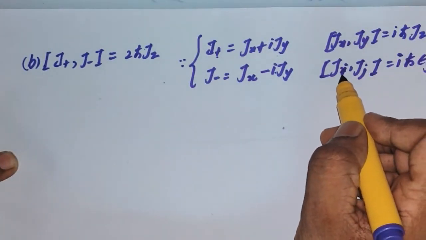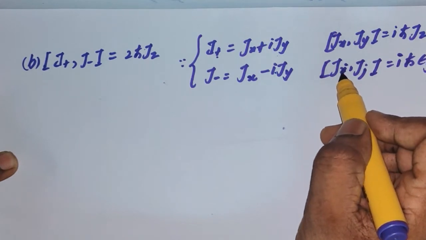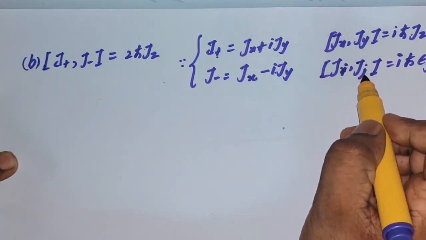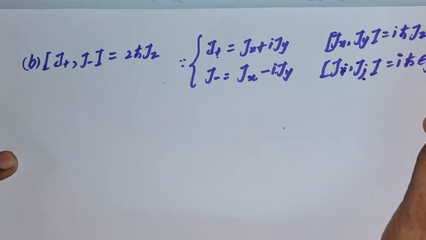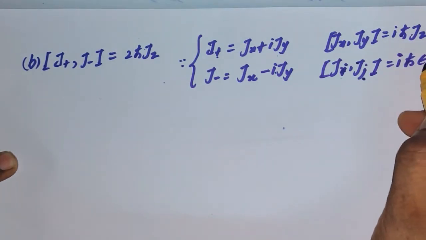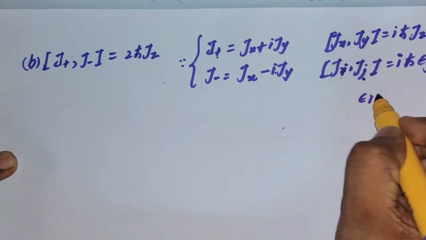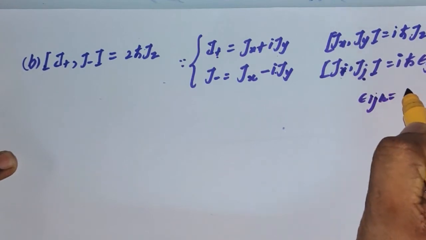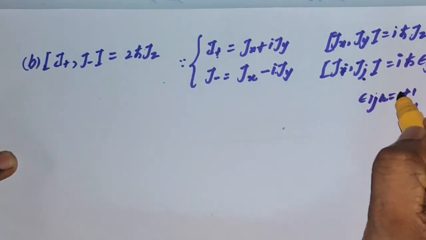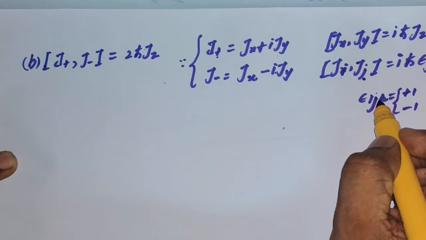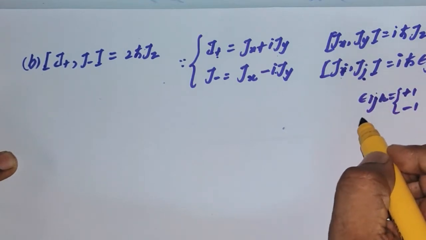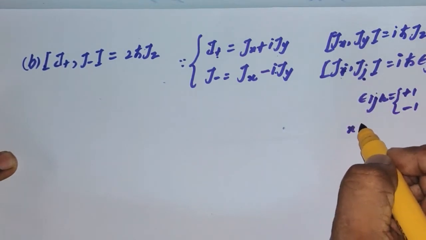That means whenever the ith component of the total angular momentum commutes with the jth component, we will get i h-cut times the kth component. For this Levi-Civita symbol, if ijk is an even permutation, it's plus 1; an odd permutation is minus 1. Even permutation means the ijk are in order, x after y after z, so epsilon x y z is plus 1.